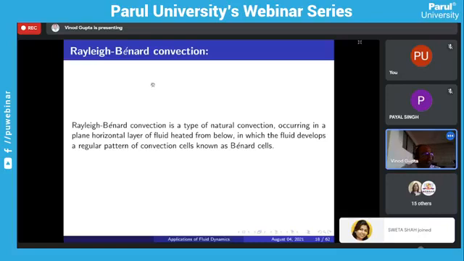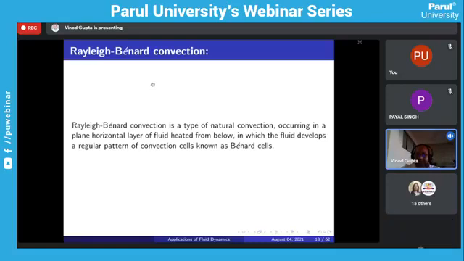But to increase the heat process, if someone starts the fan, that is called forced convection, because you are regulating externally by the fan. So we will deal only with natural convection. Natural convection means convection without any external forces.